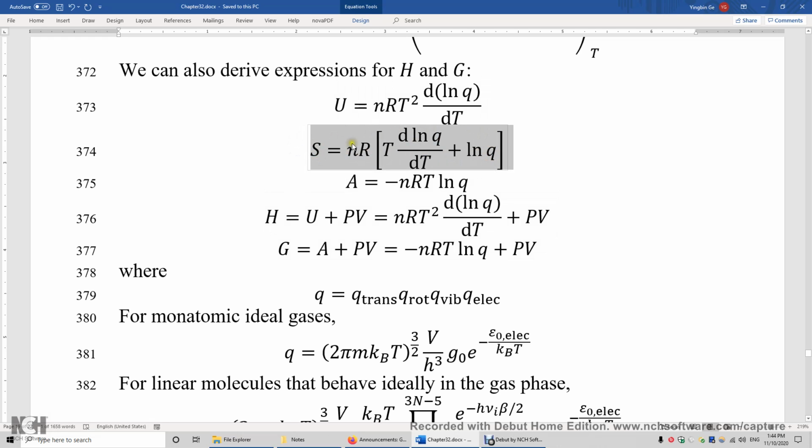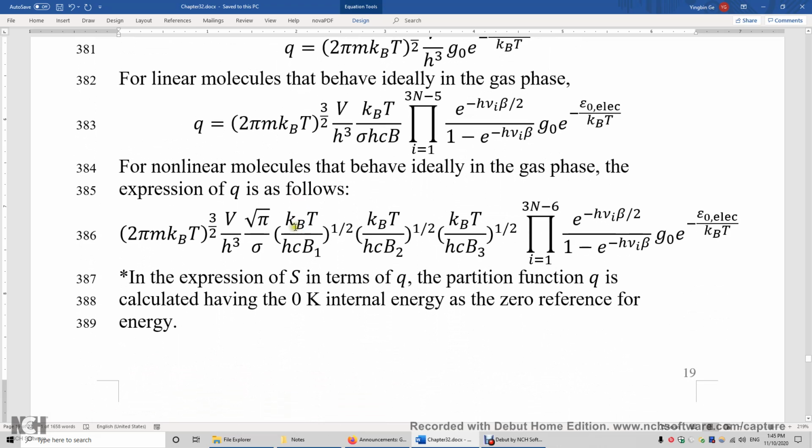This equation is a little special. If you look at this equation, S is a function of Q, and in this equation, Q is slightly different from the Q in the expressions of U, A, H, and G. Why is that? In the expression of entropy in terms of the partition function Q, this Q is calculated having the 0 K internal energy as the zero reference for energy.